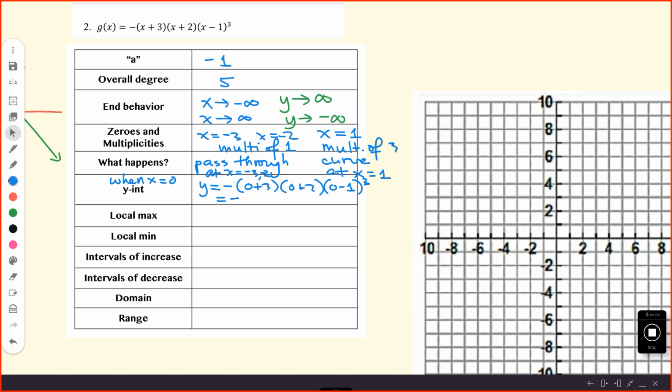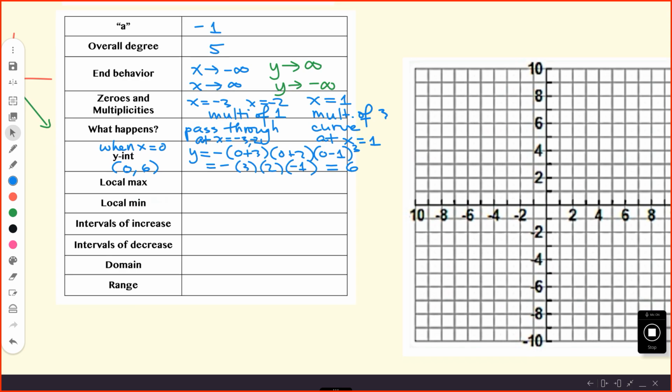I'm just simplifying. 0 plus 3 is 3. 0 plus 2 is 2. And then 0 minus 1 is negative 1. If you raise negative 1 to the power of 3, it's also negative 1. Okay, so if you multiply this, negative 3 times 2 is negative 6, times negative 1 is positive 6. So therefore, the y-intercept is (0, 6).